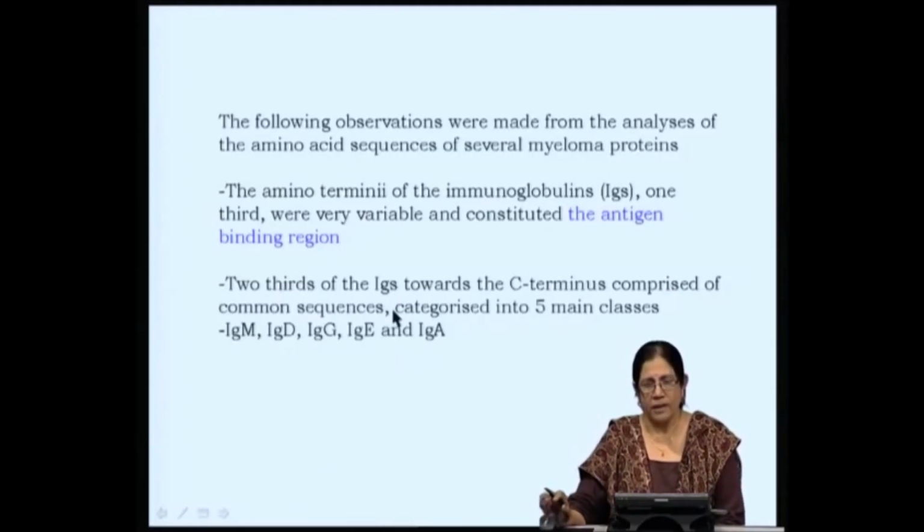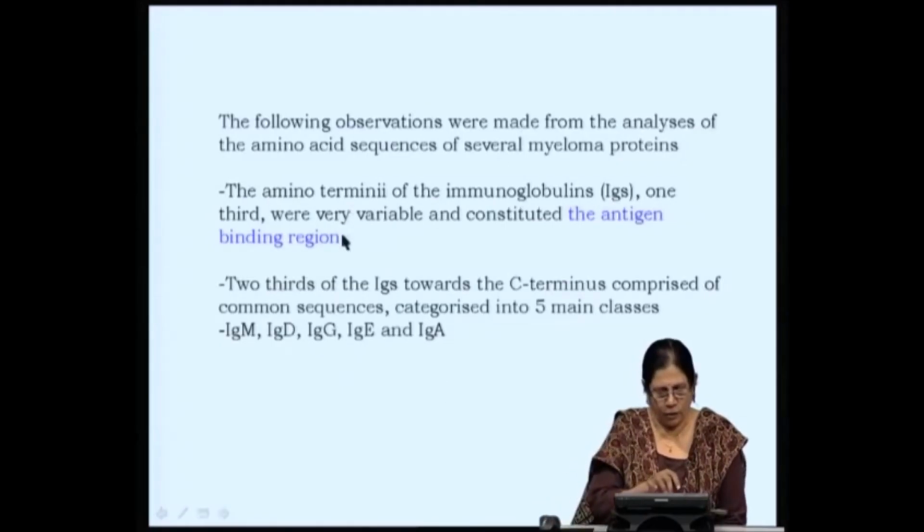Soon after that, almost every myeloma protein that could be identified was sequenced. The amino acid sequences were then analyzed, and the following observations were made: the amino termini of the immunoglobulins, that is 1/3, were very variable.